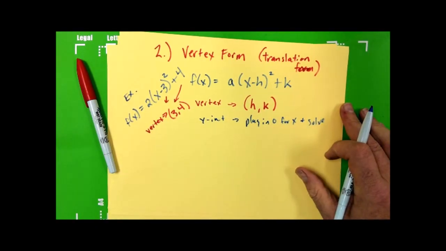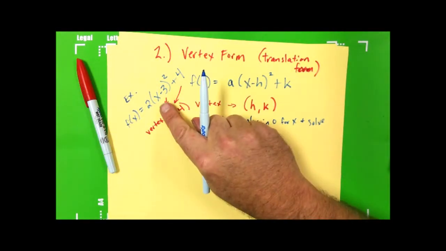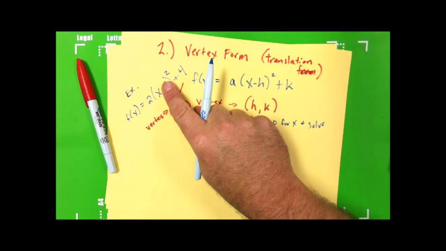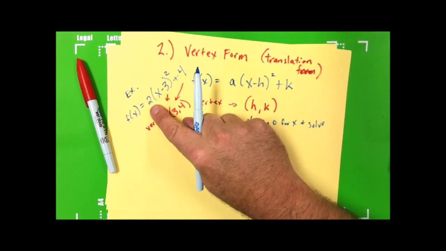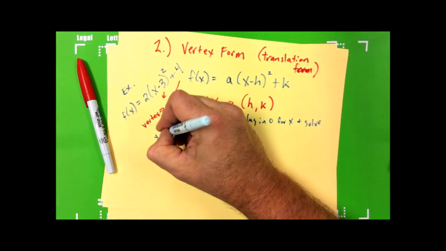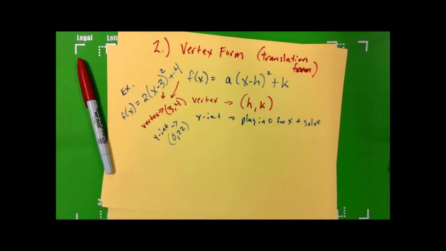Is it 4? No. See, and this is what I need you to understand. If you plug in 0 for x and solve, that gives you negative 3 squared, which is 9. 9 times 2 is 18. 18 plus 4 is 22. The y-intercept of this is 22, or 0, 22 as an ordered pair.